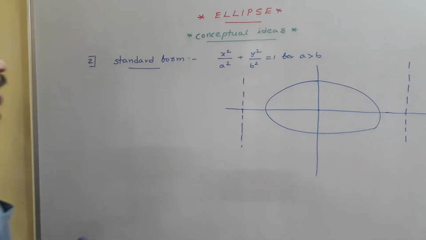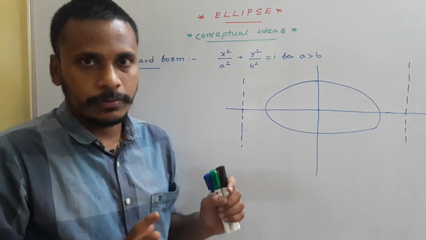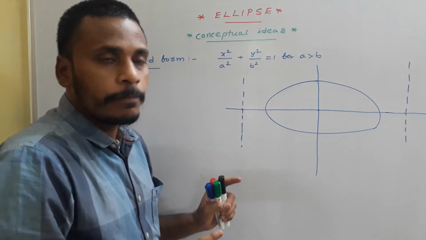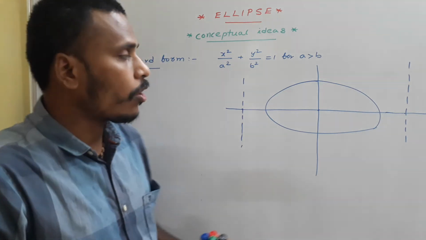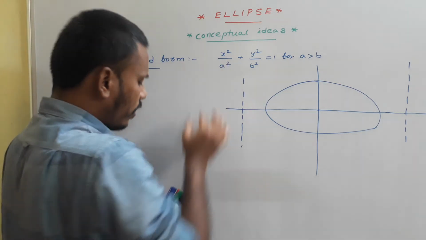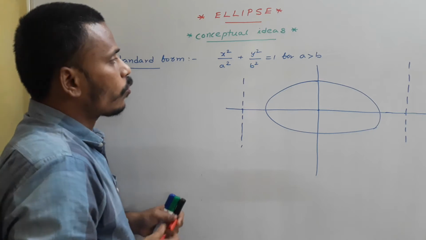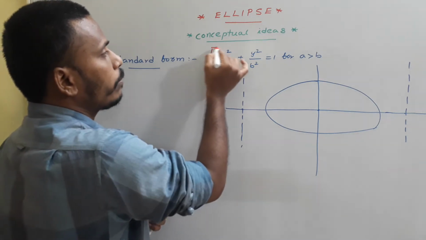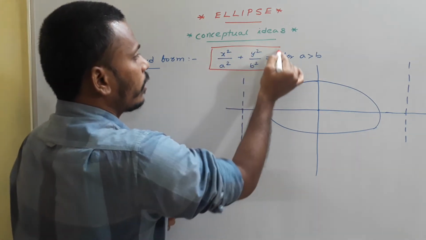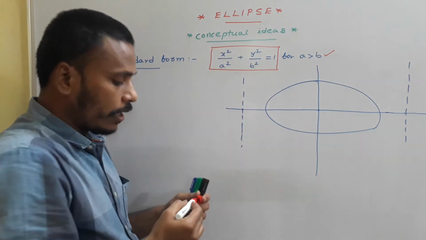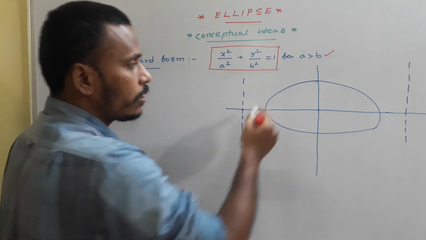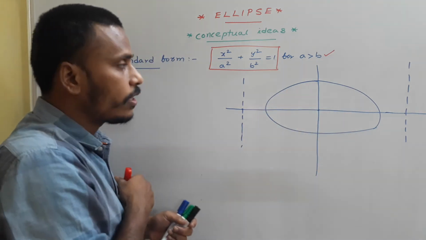Now the second point is related to the standard form of the ellipse. In the standard form of the ellipse, the axes of the ellipse are along the coordinate axes. See, the general standard form of the ellipse is x square by a square plus y square by b square equals 1 for a greater than b. The curve of this equation is an ellipse in the coordinate system.